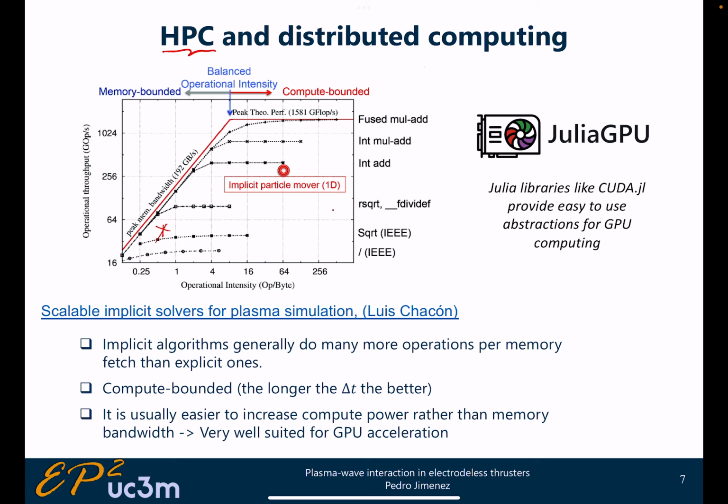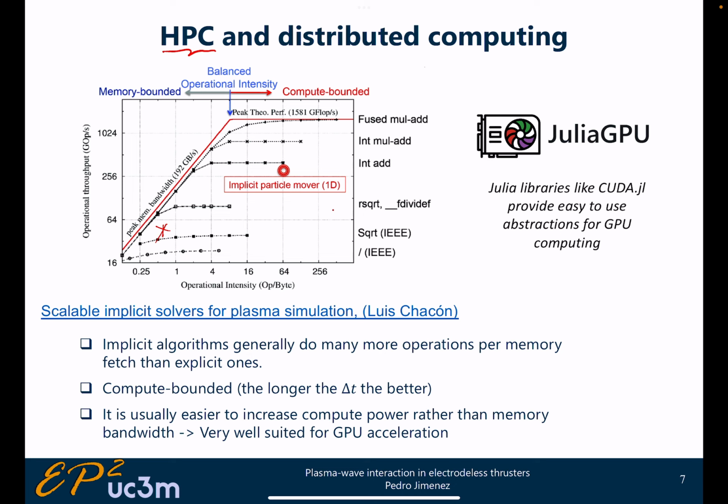I am not going to go into details explaining this plot, but what this means basically is that maybe you think that your operations, your actual multiplications, additions, divisions, are taking all the time of your algorithm, but it's not true. The most expensive part, many times, is just the memory fetch.